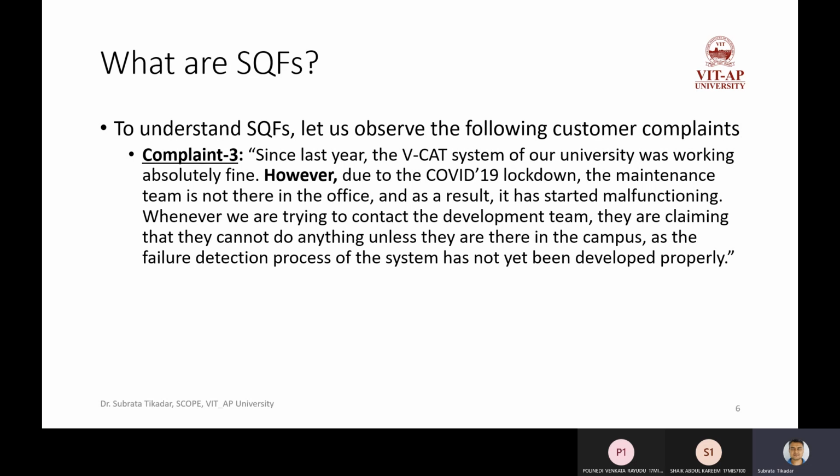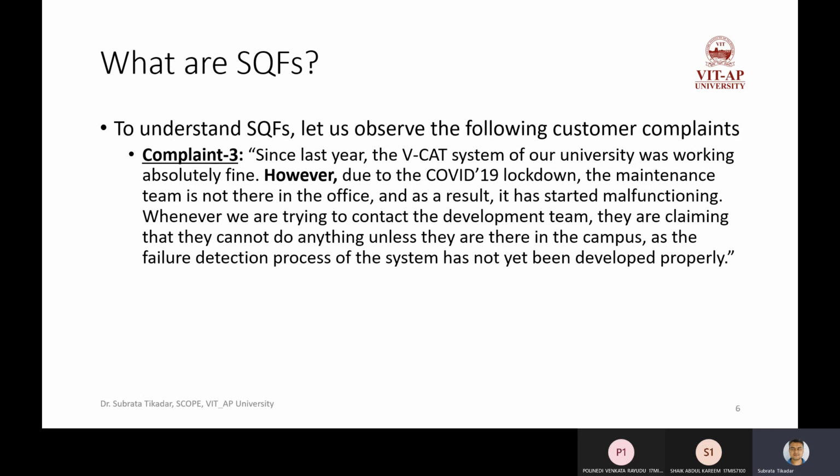Then third complaint: since last year, the VCAT system, I have just given a random name, for our university was working absolutely fine. However, due to the COVID-19 lockdown, the maintenance team is not there in the office, and as a result, it has started malfunctioning.